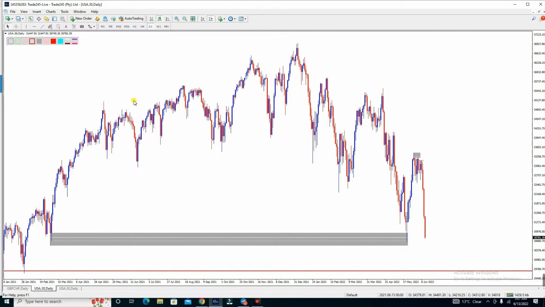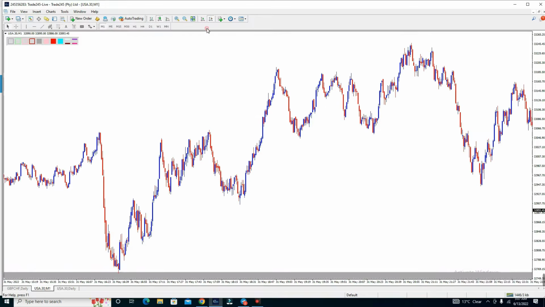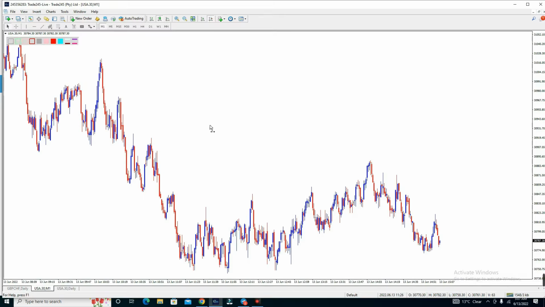frame. Your higher time frame will always be key, especially for the people that are starting out into trading, or those that are just trying to trade these indices. They are so much interested in these lower time frames.